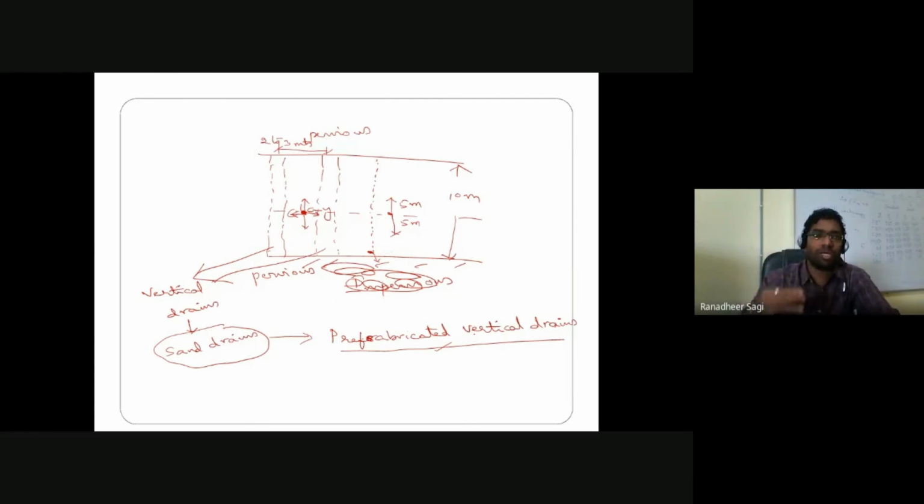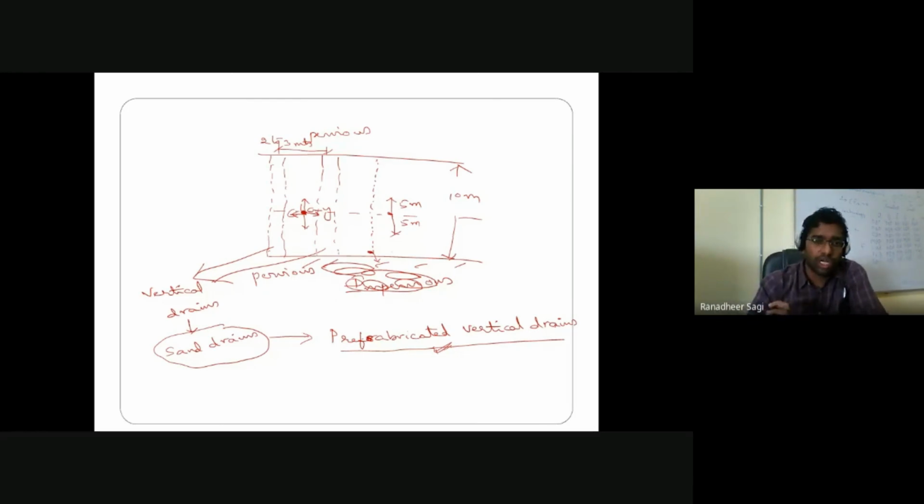Over time, maybe after a couple of months or years, once your process of consolidation is completed, your jute material or geotextile material gets disintegrated with the soil surrounding it, and you don't see a prefabricated vertical drain existing there. So even for further fastening the process of consolidation, people are using prefabricated vertical drains and various other techniques, once they understand how much time is available for them to finish the process of consolidation in that particular soil.